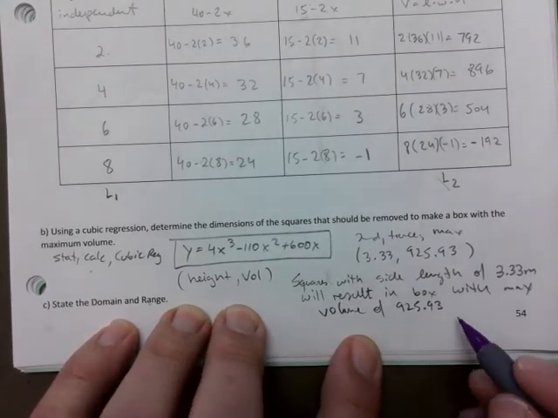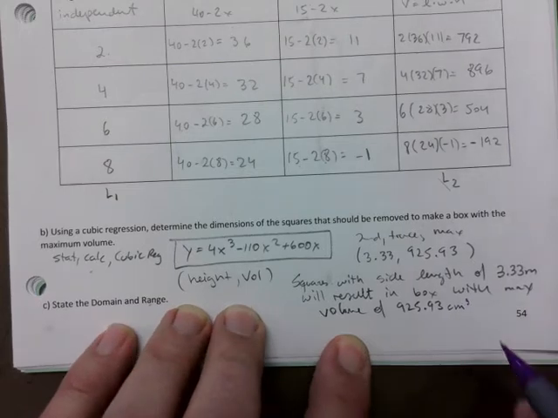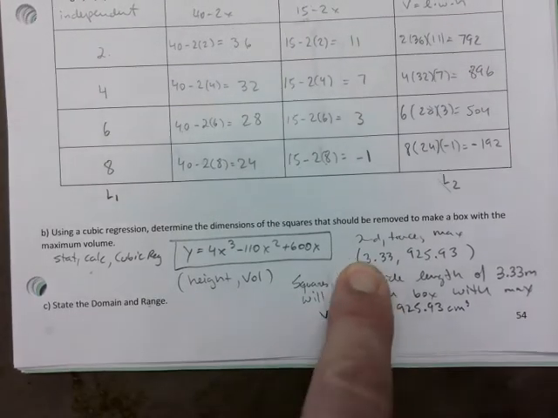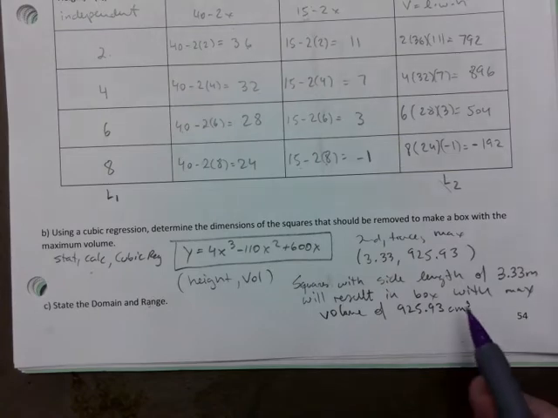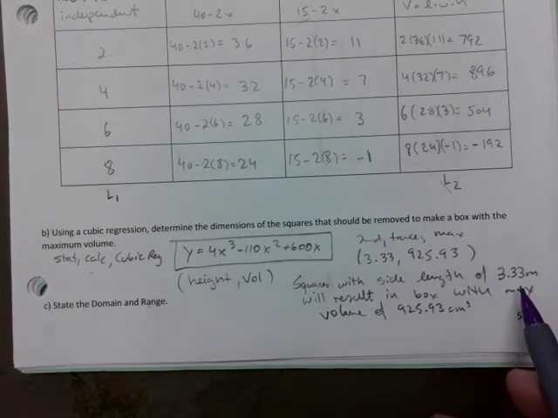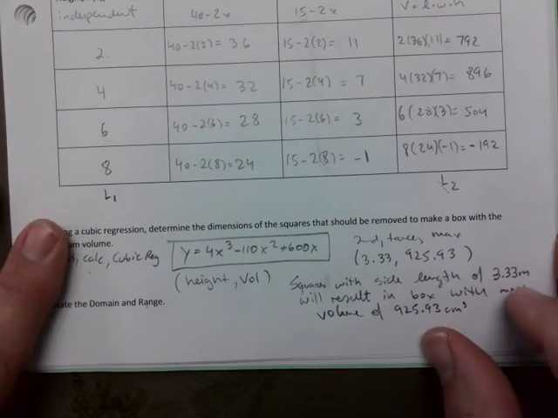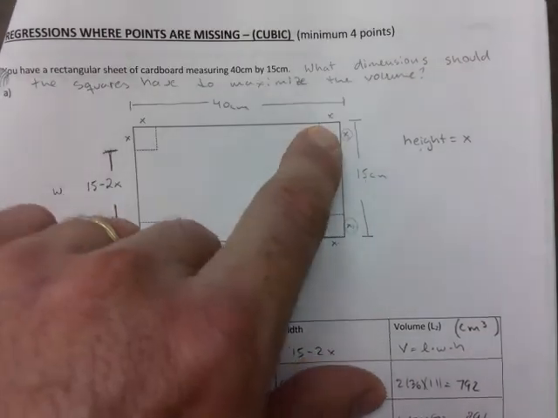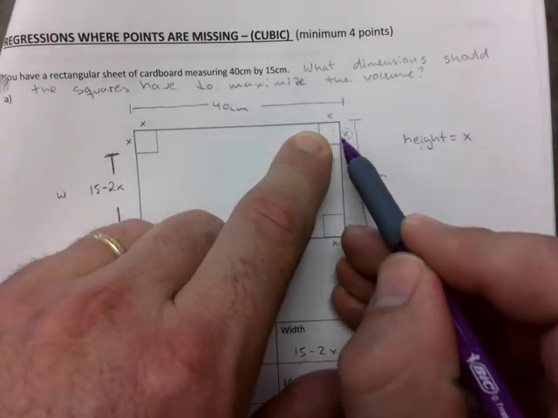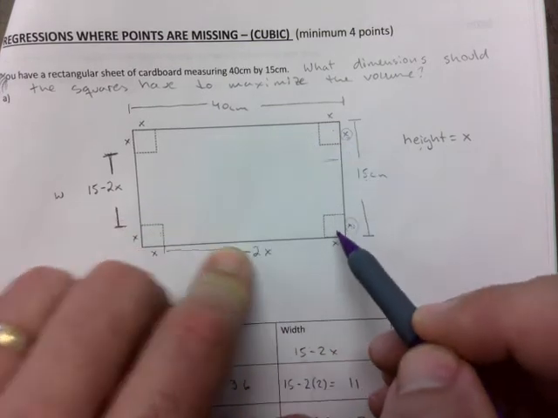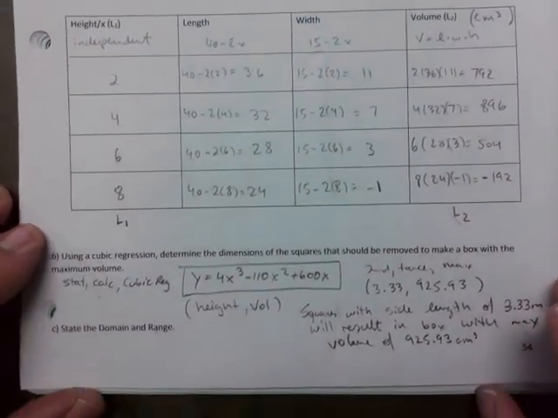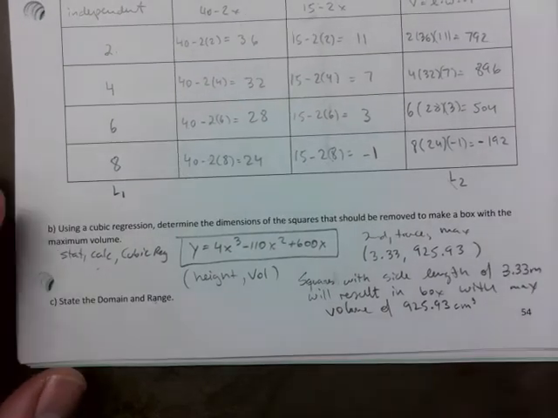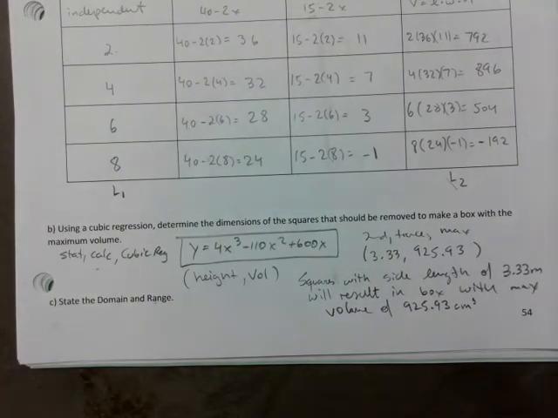And we are in centimeters cubed, right? So we found the height of the box, which is essentially the side lengths of the squares that we're going to remove from that sheet of cardboard. We're going to cut these out at 3.33 and 3.33 this way, and then fold it, and that'll be the box with the greatest volume, given our dimensions, right?